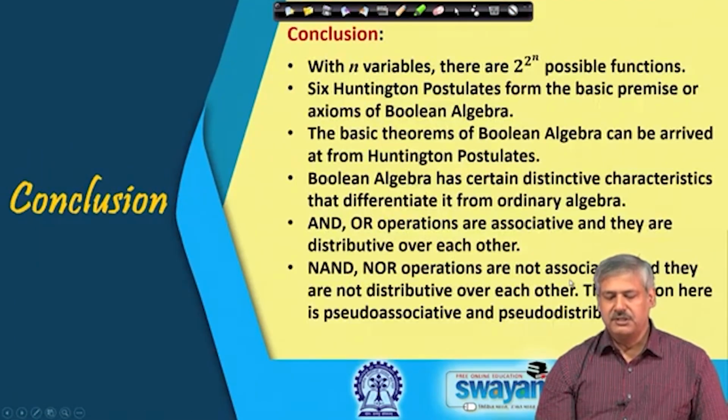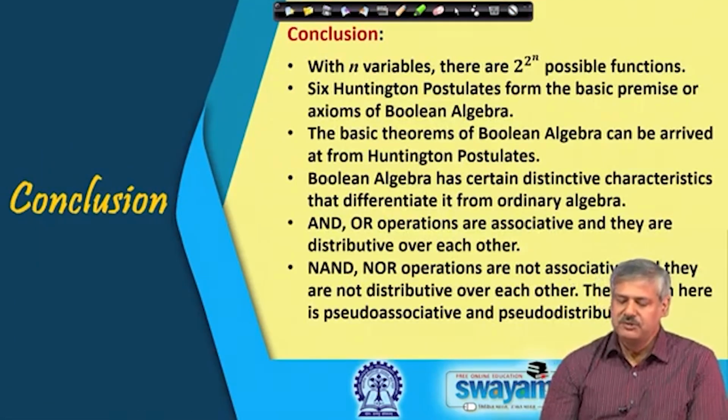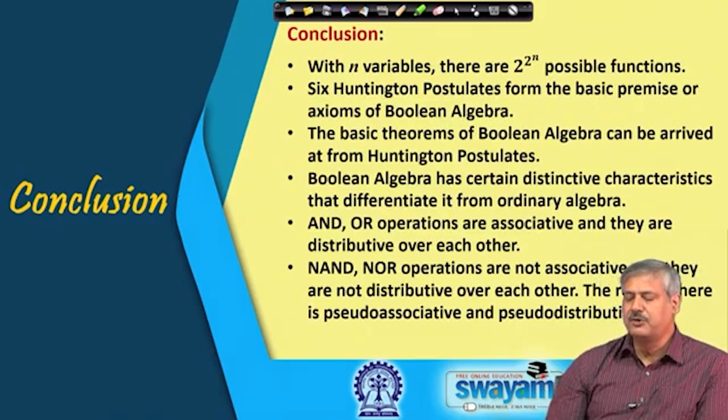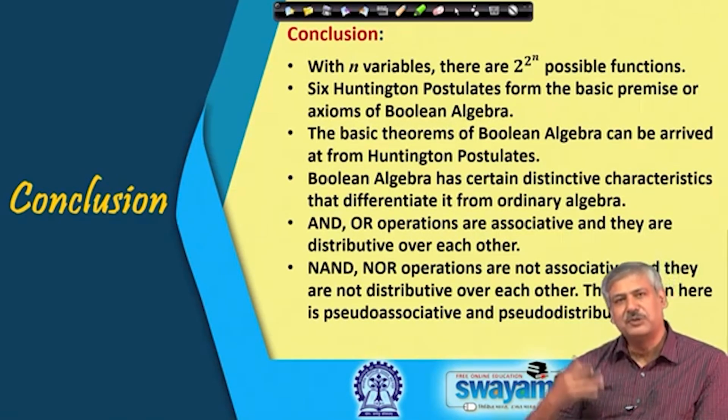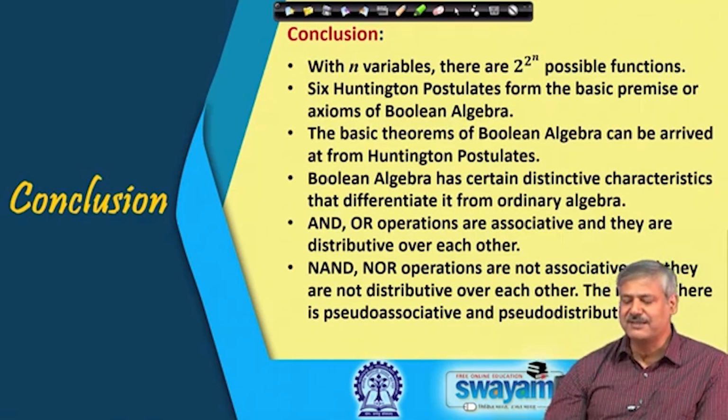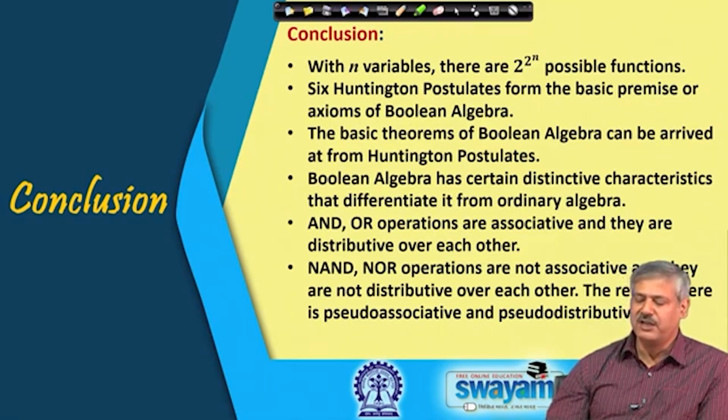So, with this we conclude key points. In n variables we can have 2 to the power 2n possible functions. The 6 Huntington postulates form the basic premise or axioms of Boolean algebra, and the basic theorems of Boolean algebra can be arrived at from the Huntington postulates.